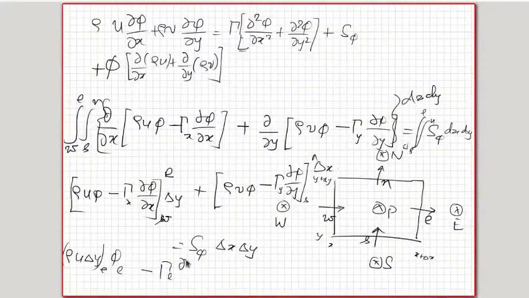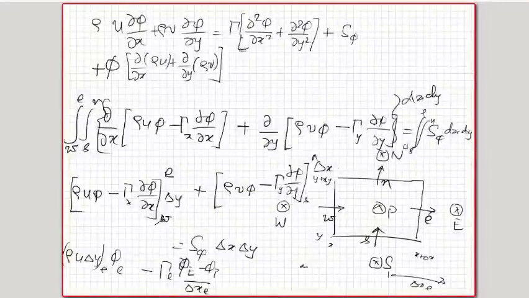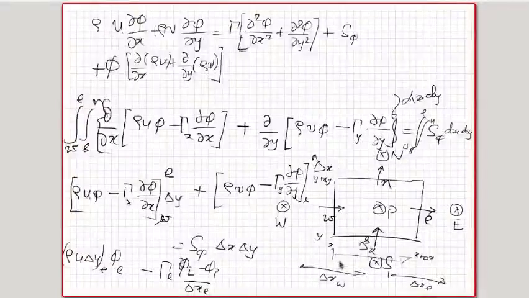If I use a certain differential scheme, phi E minus phi P divided by, if I call this as delta x on the eastern side, this is delta x E. Similarly, I can have delta x W, and this itself is delta x. So these need not be exactly equal; they can be different in different forms. So this is a form I can write.